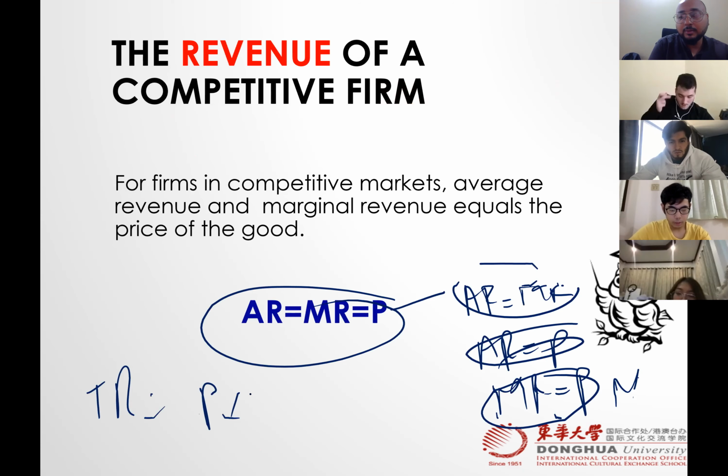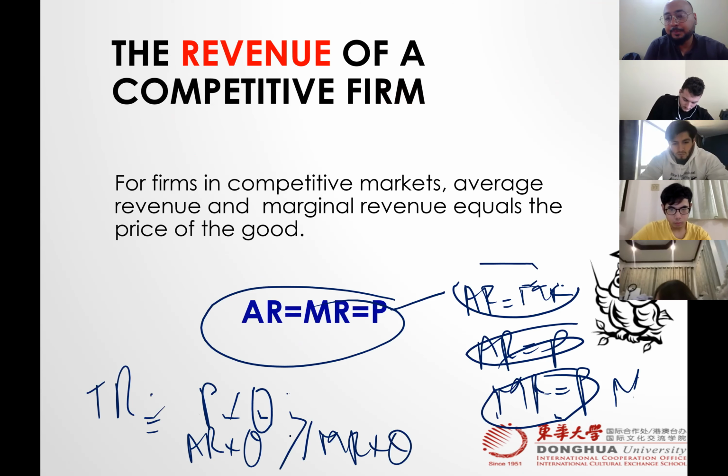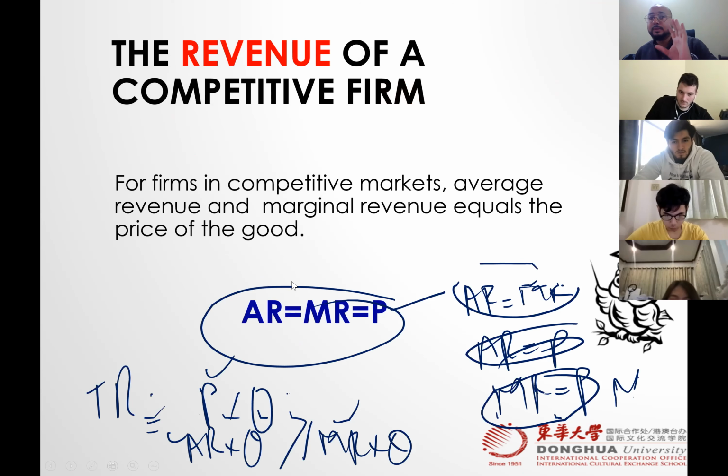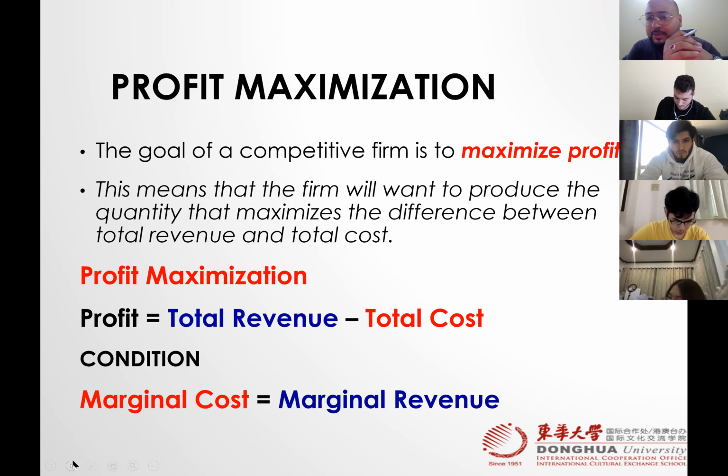So you can also write AR into quantity, or MR into quantity, because you know that price is equal to AR is equal to MR, right? This is just a mathematical way to find out. This is just the revenue structure of a competitive firm. So why are we studying this? We want to find out profit maximization. In our previous chapter, we found out where we need to produce, where we have a minimum cost.